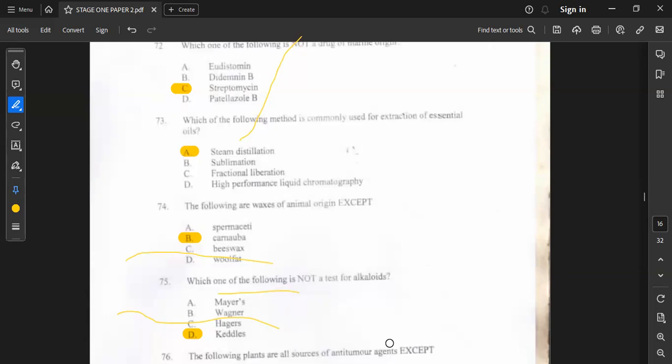Are they soluble in water or insoluble? Are alkaloids soluble in water or not?